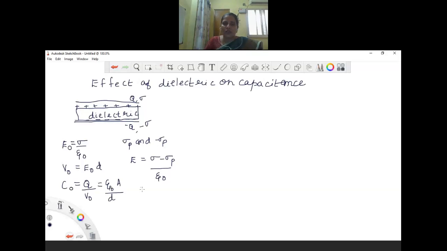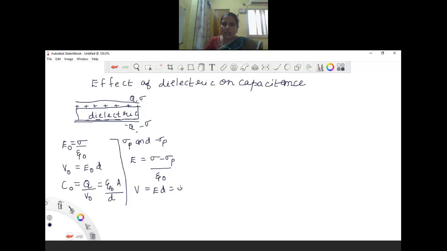Okay. So now with the dielectric, what is the potential difference between the two plates? The potential difference will become V is equal to E into D. Okay.